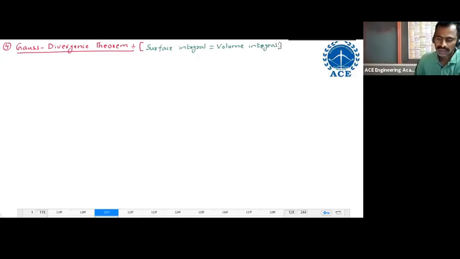This theorem gives the relation between surface integral and volume integral. If you are asked to find the surface integral over a closed surface, we convert the surface integral to a volume integral. In an easy way, we can find the value of the surface integral with the help of the volume integral. It is the advantage of the Gauss divergence theorem, just like Green's theorem for a line integral along a closed curve.